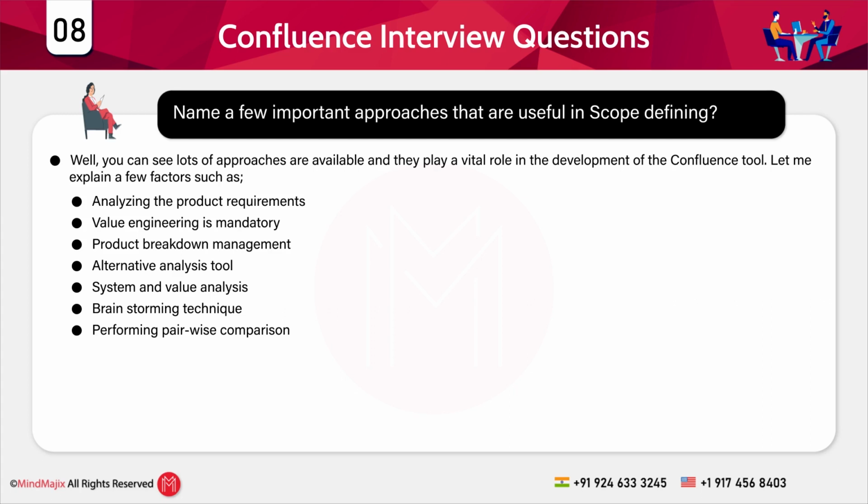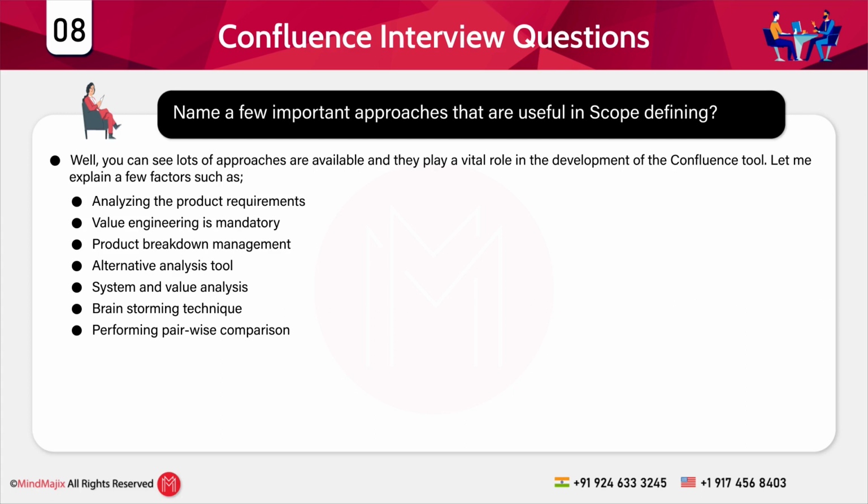Second is that value engineering is mandatory. That means you need to value the flow of engineering which is there at your end. Third is product breakdown management. So you need to have larger tasks, and that larger task needs to be broken down into small tasks.